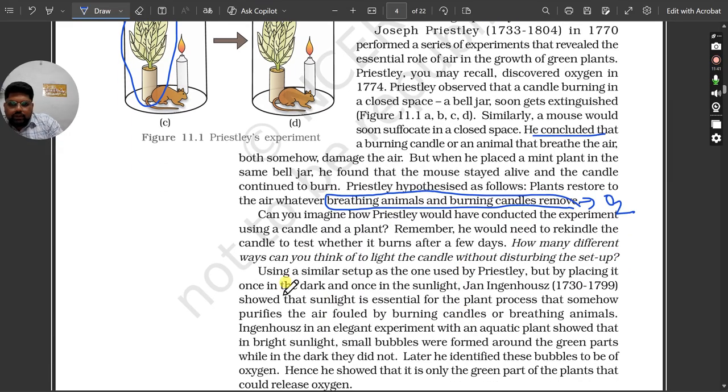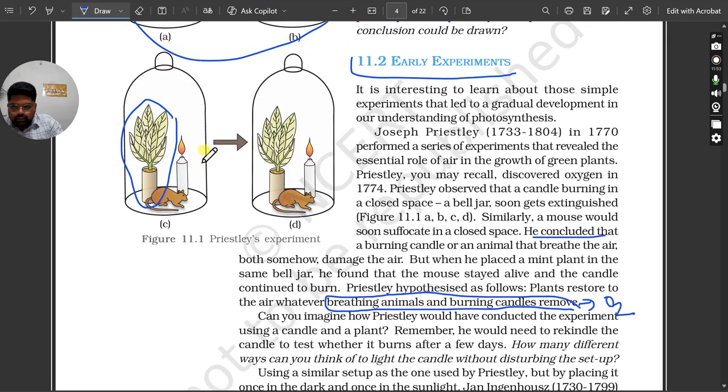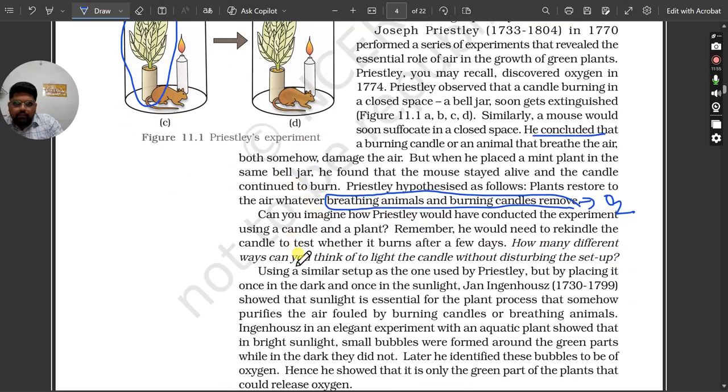Going on to the next part, using a setup similar to the one used by Priestley, but placing it once in the dark and once in the sunlight, the same setup he used here. Jan Ingenhousz showed that sunlight is essential for the plant processes that somehow purify the air fouled by burning candles or breathing animals.